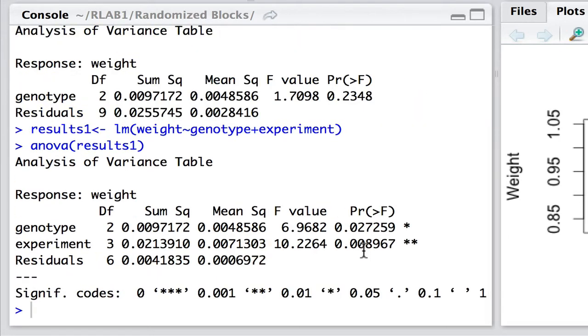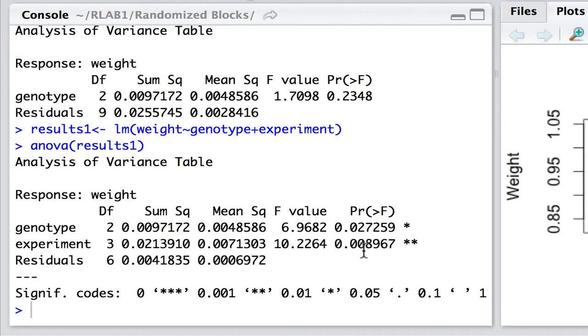Here is what we get when we look at the breakdown in terms of the analysis of variance table. We have a highly significant effect of the genotype and of the experiment. So both genotype and the experiment explain variability in the weight of our beetles.